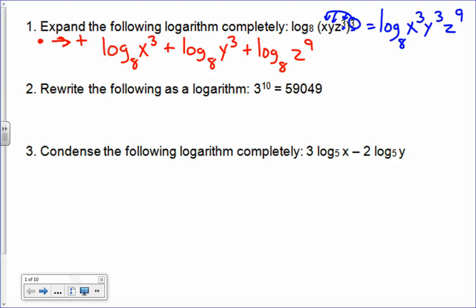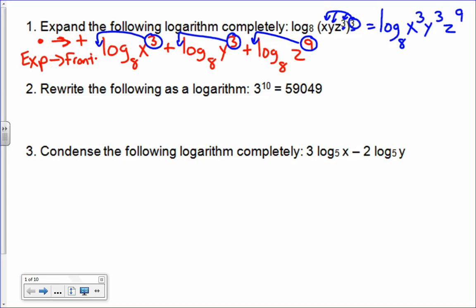The other thing we have are exponents. And anytime you have an exponent, those numbers go to the front. So this 3 is going to go in front of the first log. This 3 is going to go in front of the second log. And 9 is going to go in front of the last log.